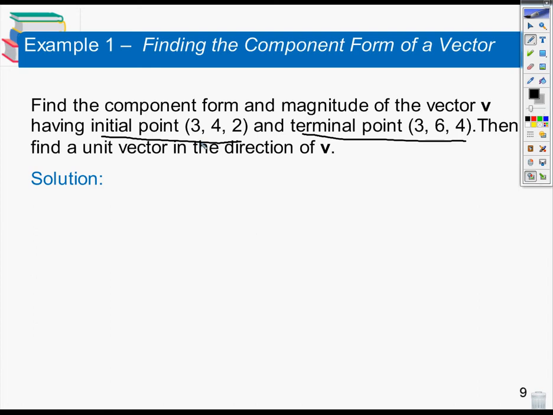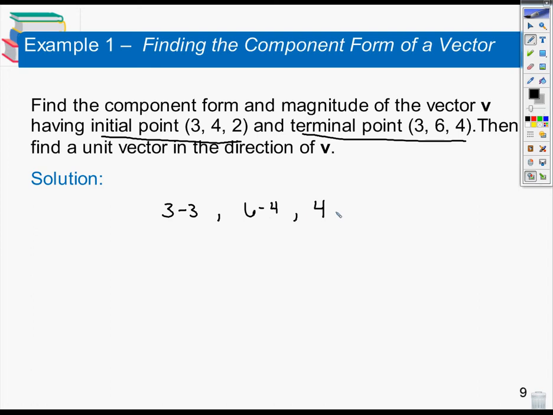We're still going to do the exact same thing, just in a way that keeps things a little simpler. So I'm going to take the terminal point, (3, 6, 4), and subtract the initial point from each of those components. Mathematically, that moves the initial point to (0, 0, 0).